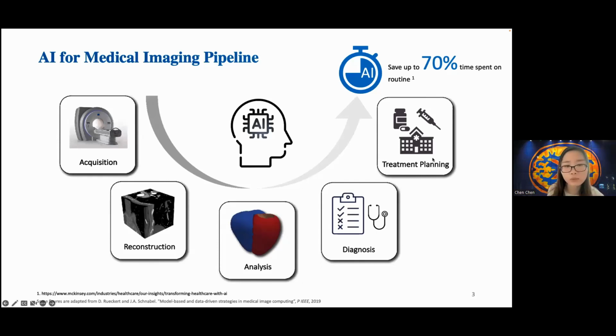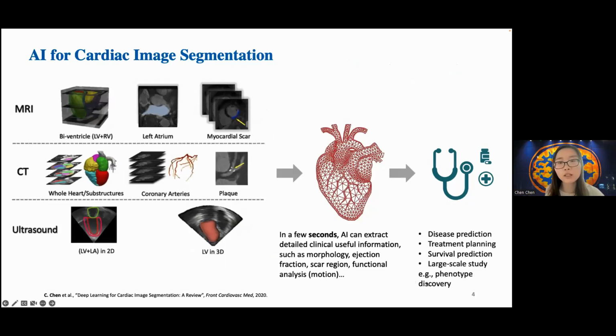My research mainly focuses on AI for medical image analysis, which takes lots of time if you do it manually. Here I give cardiac image segmentation as an example. We can quickly perform medical image segmentation from different imaging modalities. Radiologists usually take roughly 10 minutes or even half an hour to annotate the contours of anatomical structures for measurement and to spot any abnormal tissues.